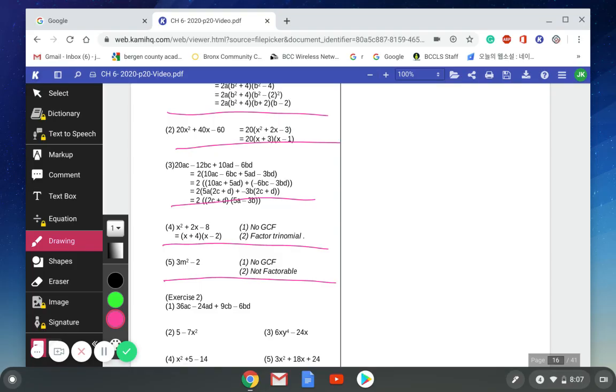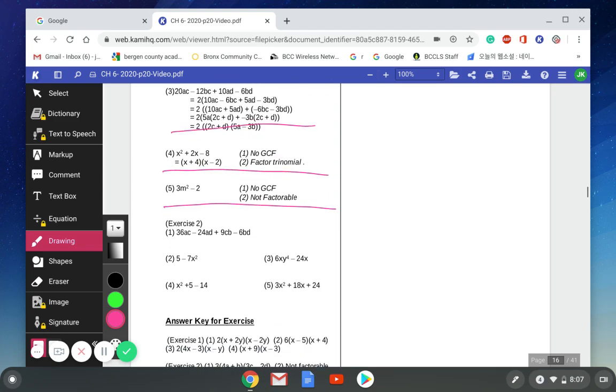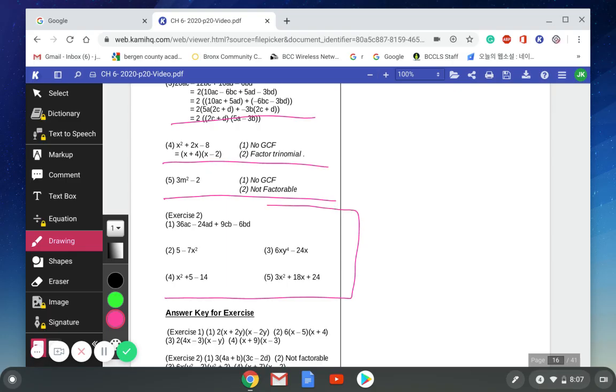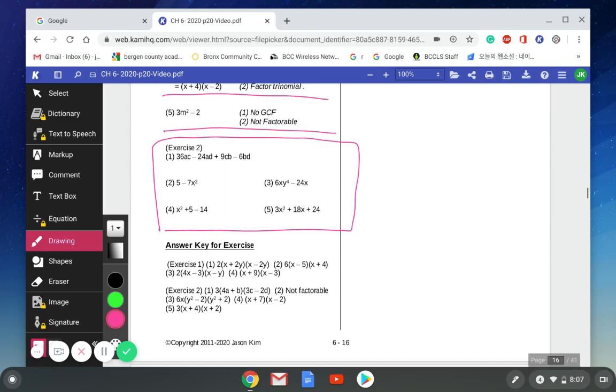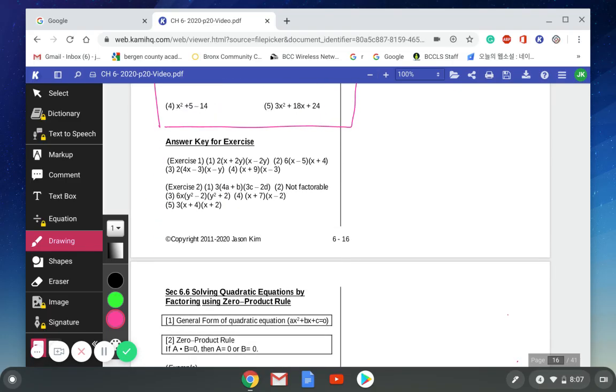Some quadratic expressions, trinomials or 4 terms cannot be factored. Then you have to try another method, that we will try in the following videos.